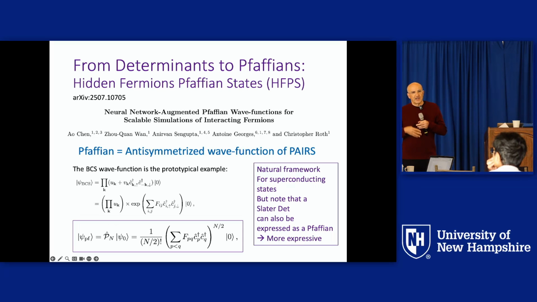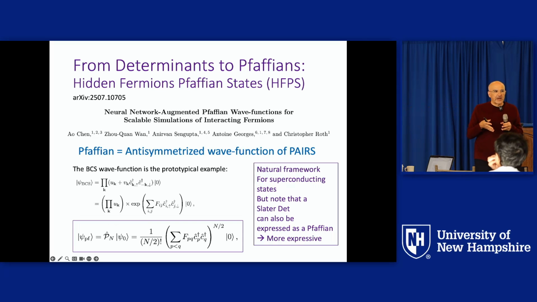But it's not a super expressive wave function for superconductors. It's much more natural to actually embed the idea of pair formation in the structure of the wave function itself. And that is one of the reasons we decided to switch to the Pfaffian architecture.